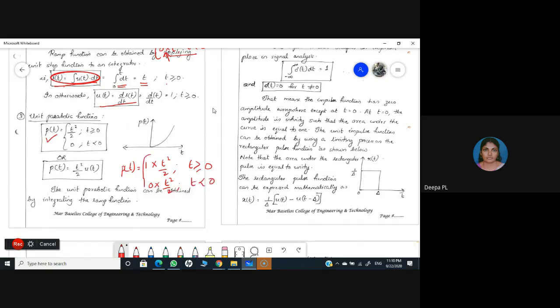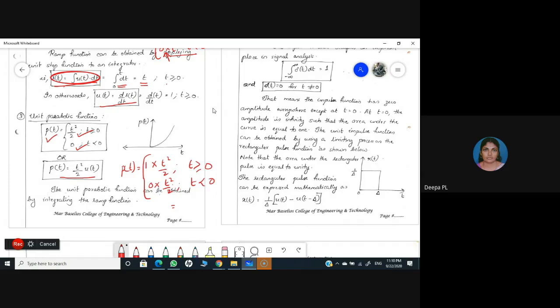If I multiply t square by 2 with 1, I get t square by 2. If I multiply it with 0, I get 0. So this is actually t square by 2 into u of t.